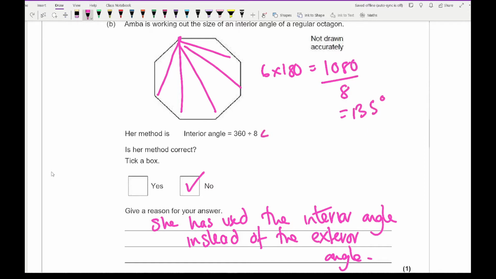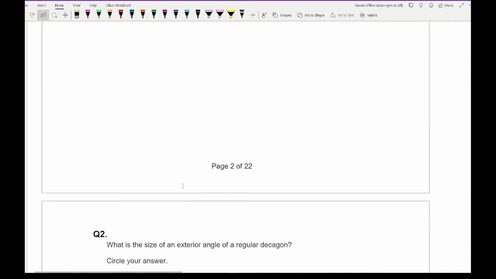So using this I get 45 degrees, and that's wrong. And you could even say that 360 divided by 8 is 45, and that's an acute angle. And as you can see, the interior angle is going to be obtuse, so you know it's going to be wrong there. Or you could actually give what the correct angle is going to be, but definitely the answer is going to be no. Her method is incorrect.